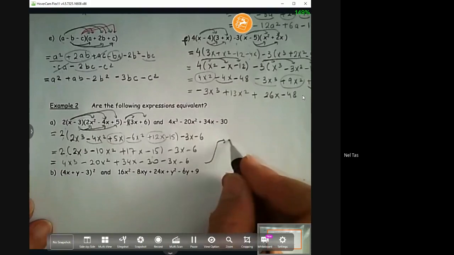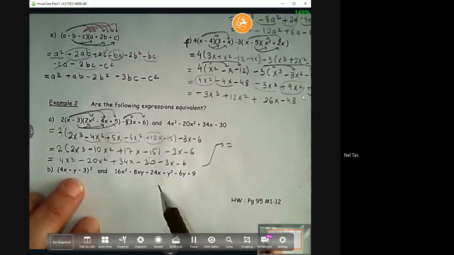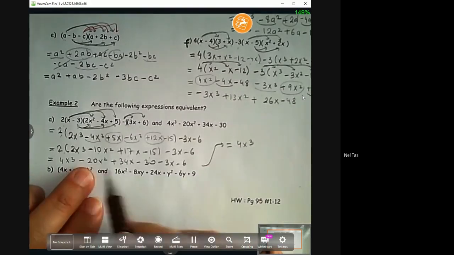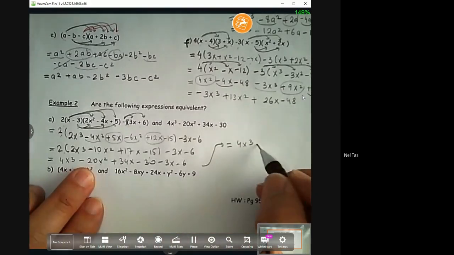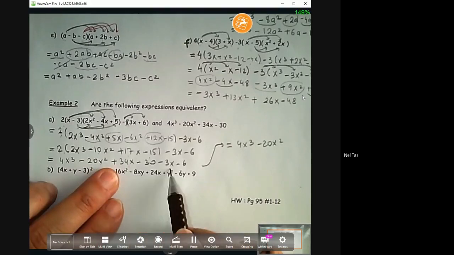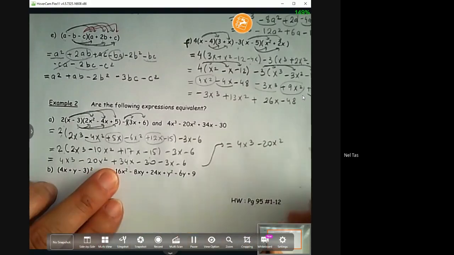Okay, so now let's collect the like terms. We have 4x cubed minus 20x squared. So 34x minus 3x gives you 31x minus 6.